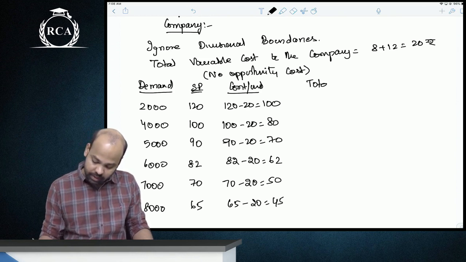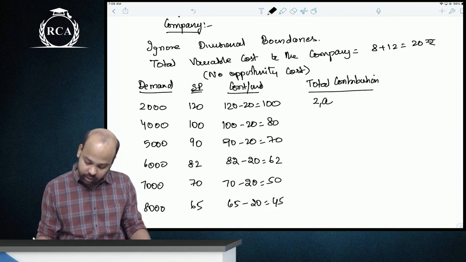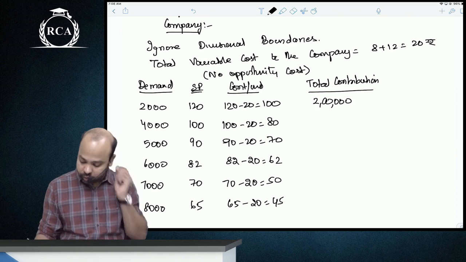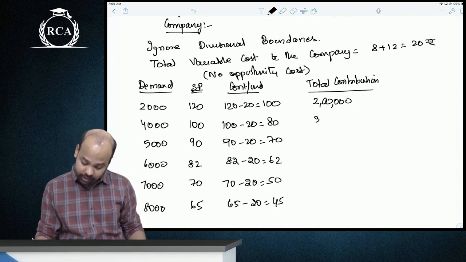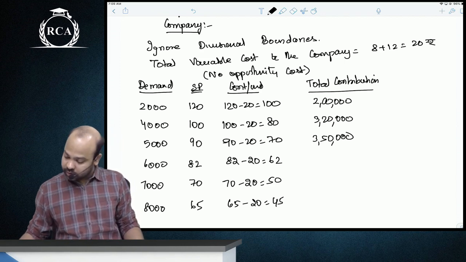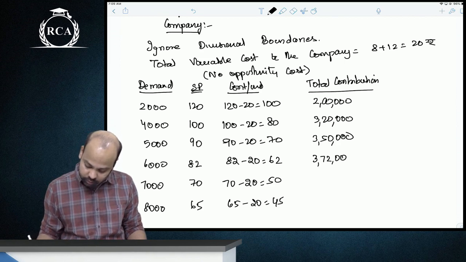You can multiply, guys, all of this with the contribution per unit beta. 2000 into 100 is 2 lakhs. This is 4 lakh. 4000 into 80 beta would be 3 lakhs 20,000. 5000 into 70 is 3 lakh 50,000. 6000 into 62 beta is 3 lakh 72,000.